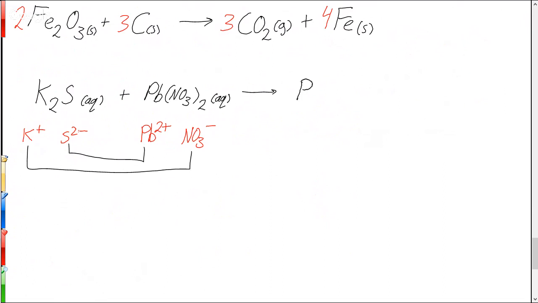So we've got PbS, which is going to be 1 to 1 because 2+ and 2-, and KNO3. Then we'd need to balance that, so we put a 2 here. So with those double replacement reactions, we're able to predict it. We can switch the ions and make new compounds from the switched ions.